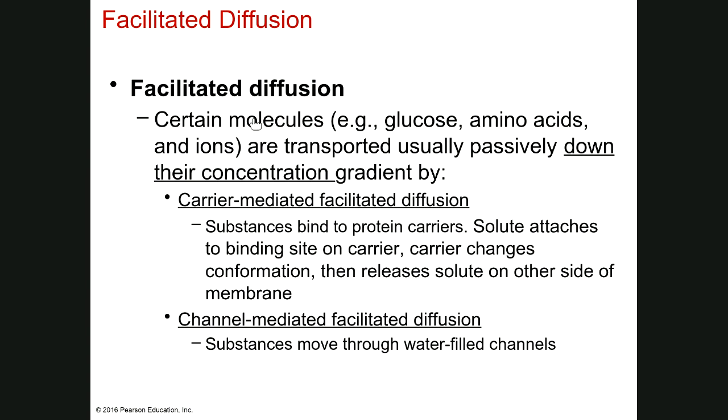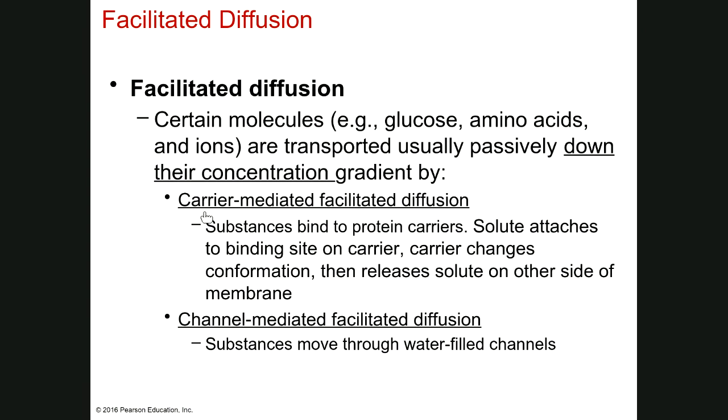Some molecules that are more hydrophilic, such as glucose, or amino acids, the breakdown products of proteins, and some ions are not able to cross that membrane by themselves. So they're going to go down their concentration gradient using facilitated diffusion.